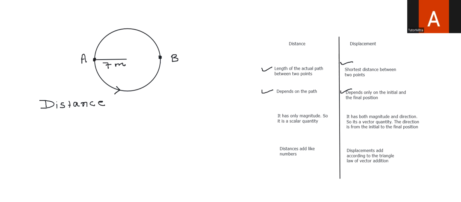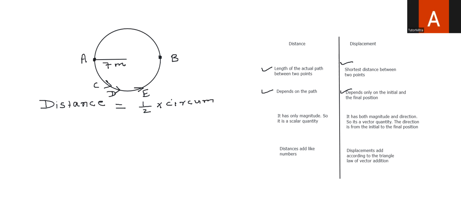Distance will be the length of this path, A, C, D, E, B. Distance will be half the circumference of the circle.